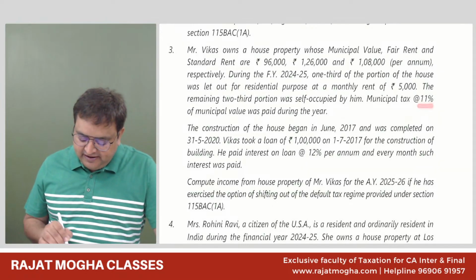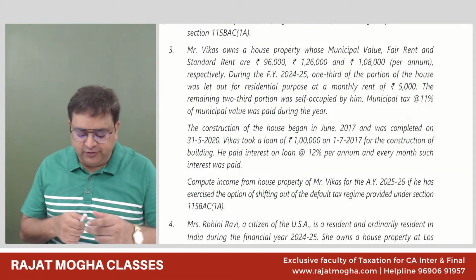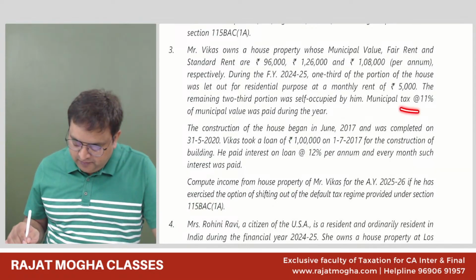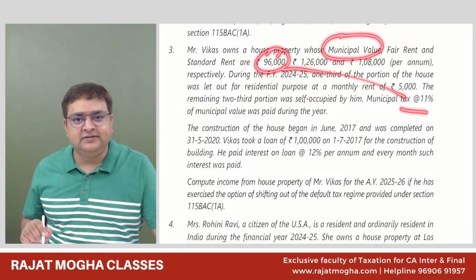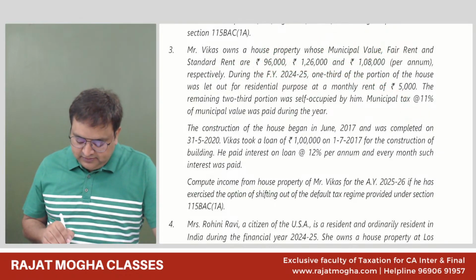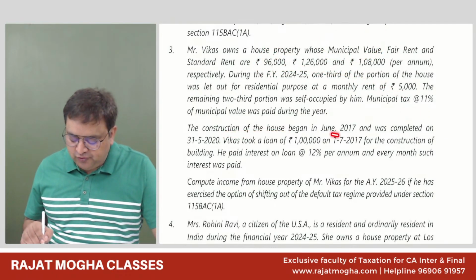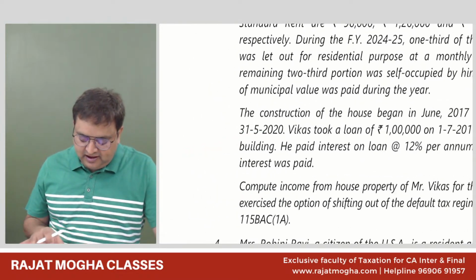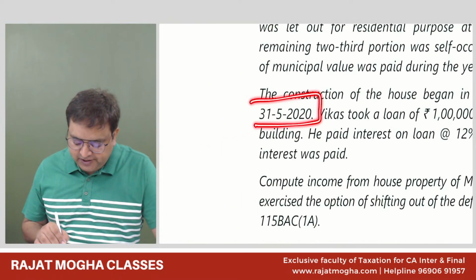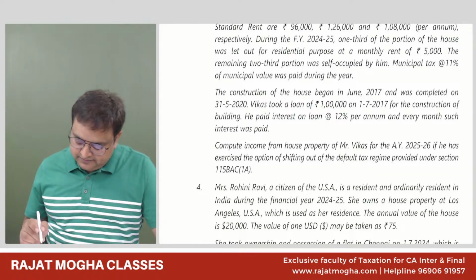Municipal taxes is 11% of the municipal value, paid during the year. How much was the municipal value? The municipal value was 96,000. 11% is the taxes we have paid. The construction of the house began in June 17 and was completed on 31st March 2020.